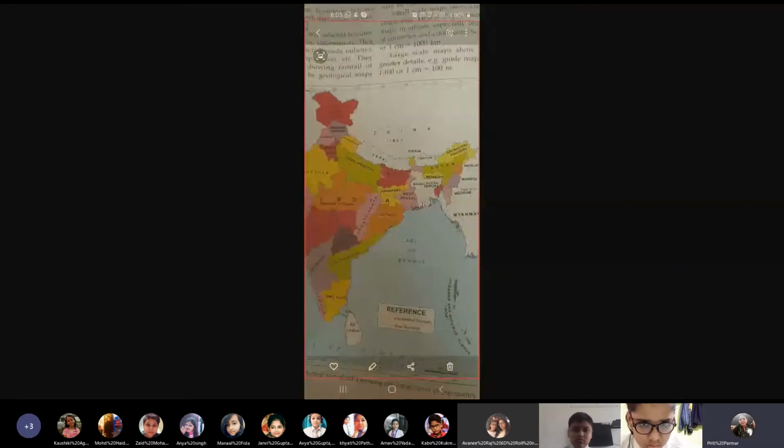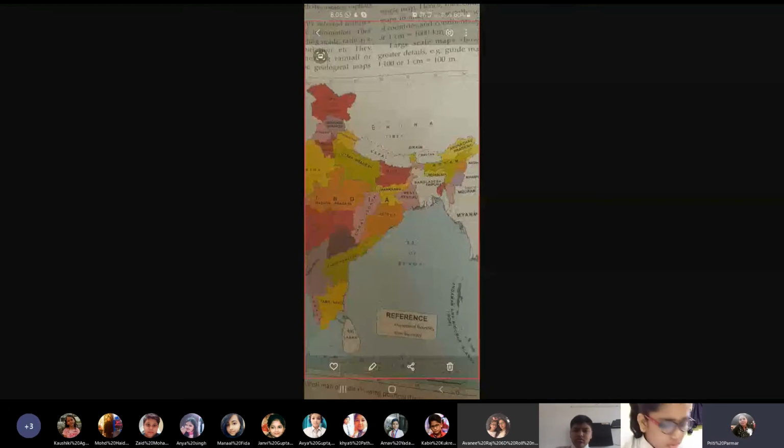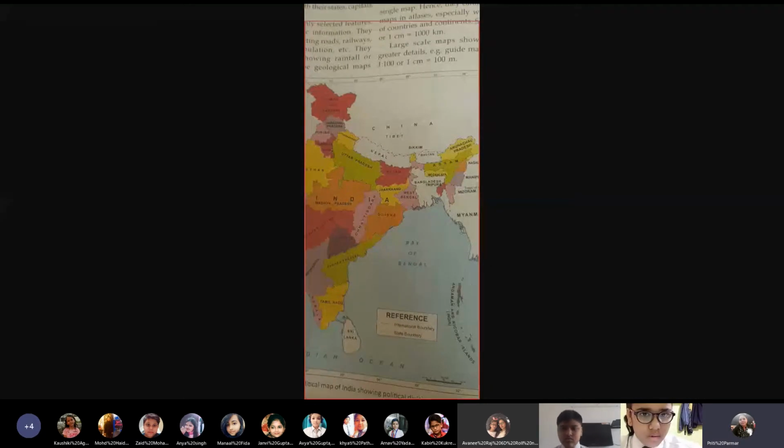Can you see the scale here? Down in my left hand side where delete button was. Can you see the scale given here? Or you can look up in your own book. The scales on a map are given.